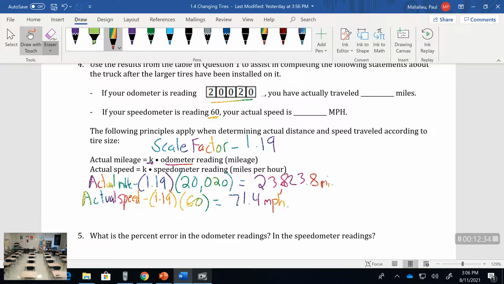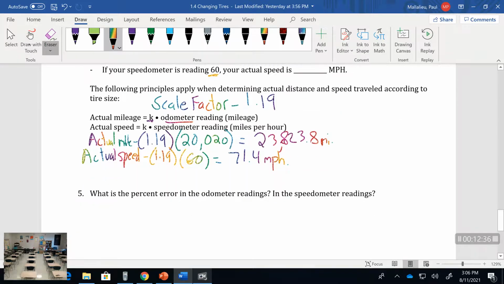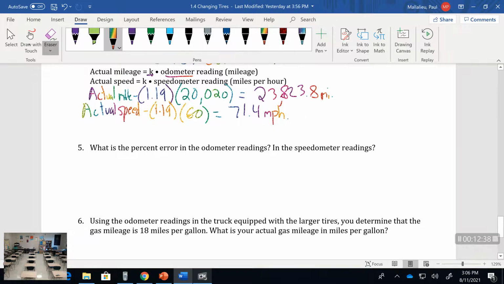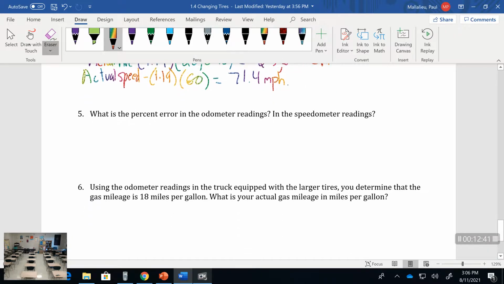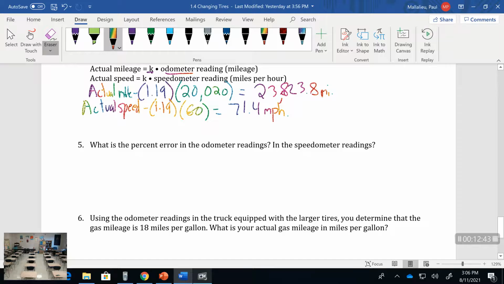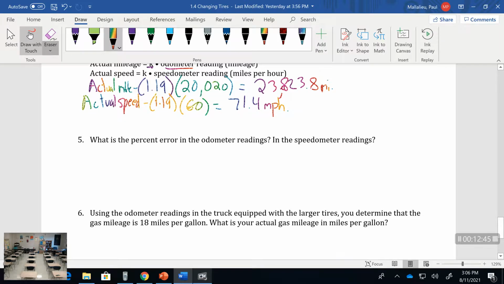All right, and then the last part here, we're looking at what is the percent error in the odometer reading, and using the information, what's my miles per gallon? So what is the percent error?